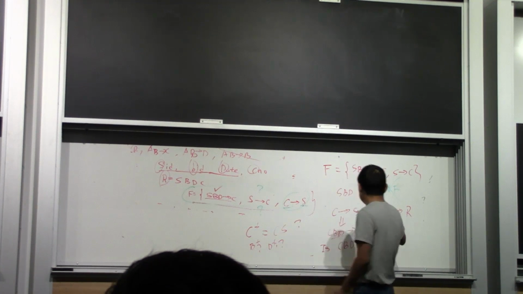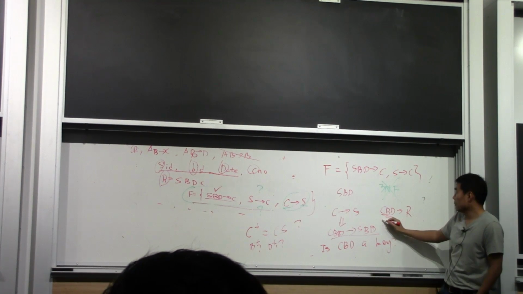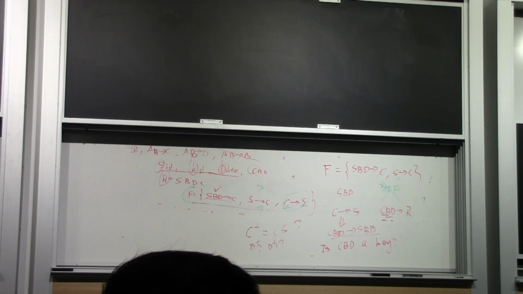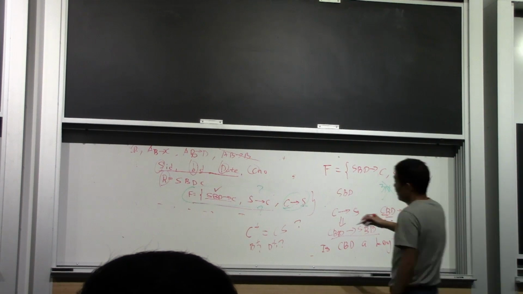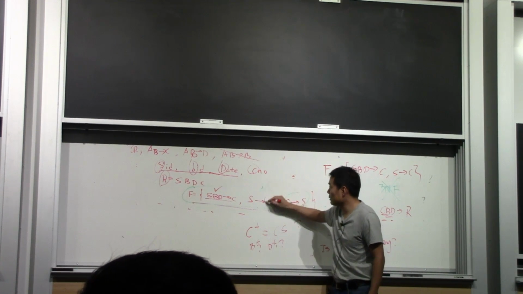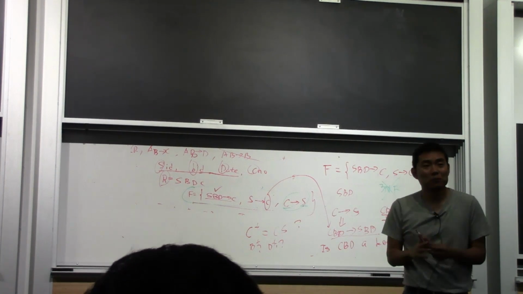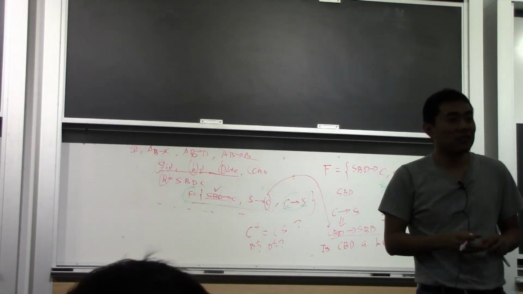And then you check the combinations CB, BD, and CD. None of them is able to determine everything else. So this gives you the conclusion that CBD is a key. By that, you remove this question mark because the right-hand side is part of the key. So this is in third normal form.